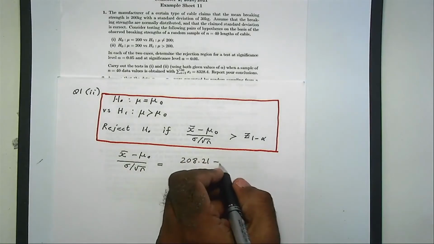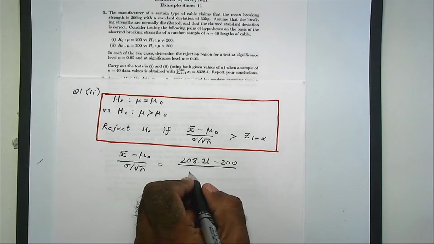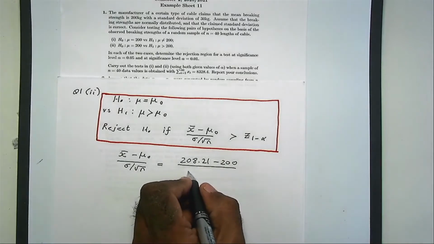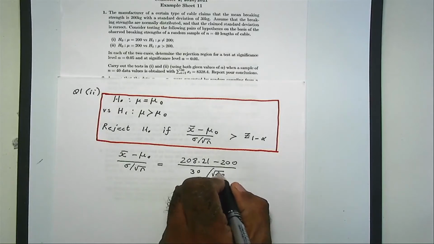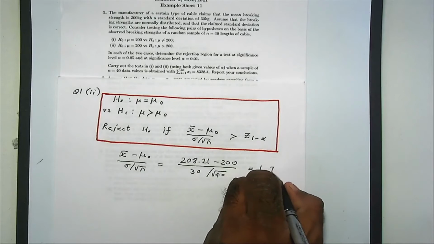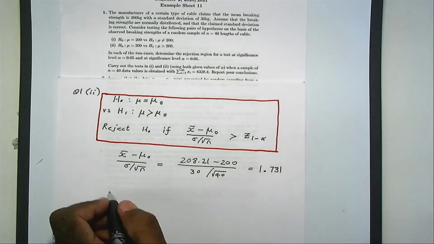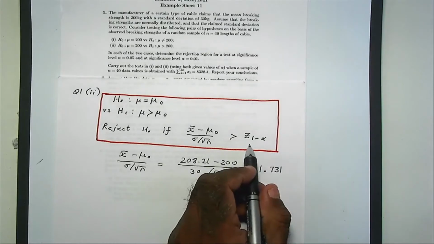Mu 0 is 200, divided by sigma, which is 30, and n is 40. Now, if you work this out, this will be 1.731.